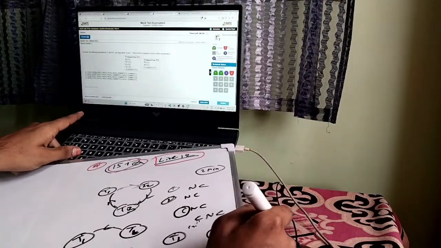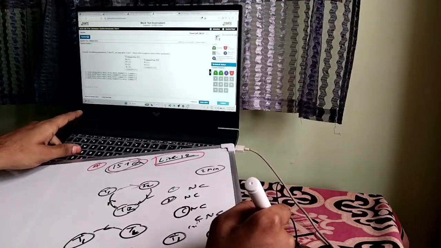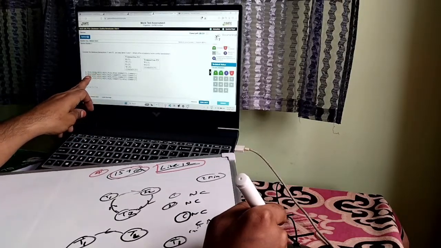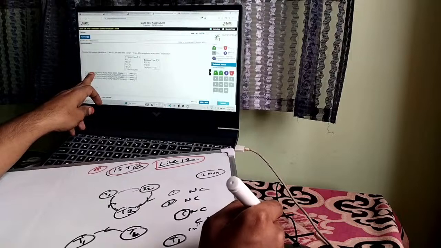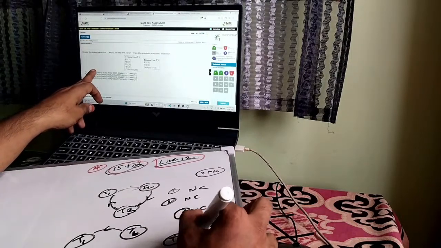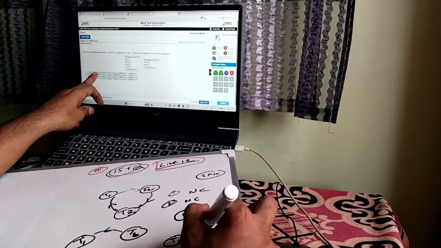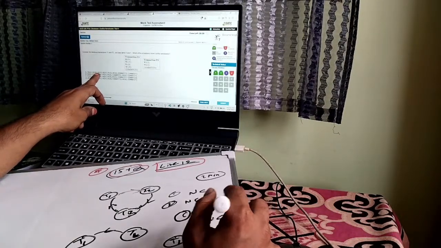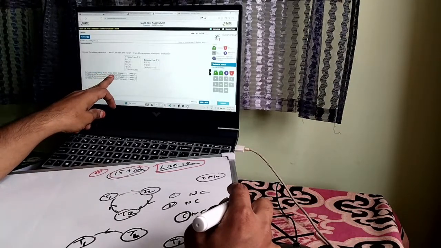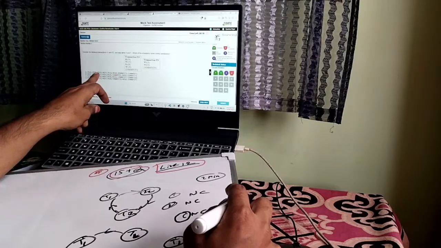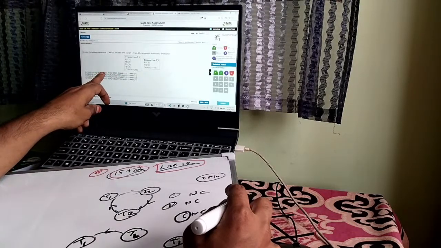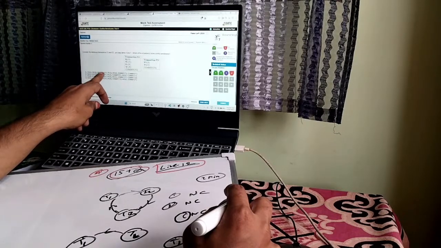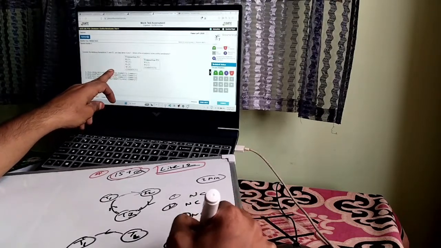Okay, let's look. Here it is X. So we find any X, when here two, R1 to 2, 1 to 2. Okay, it is the same, 2 to 1.